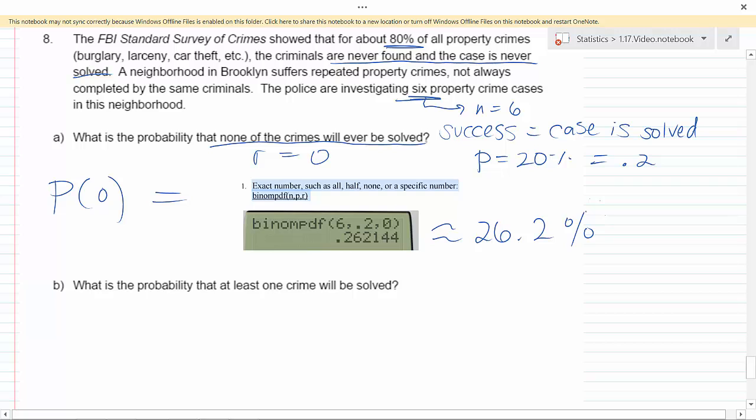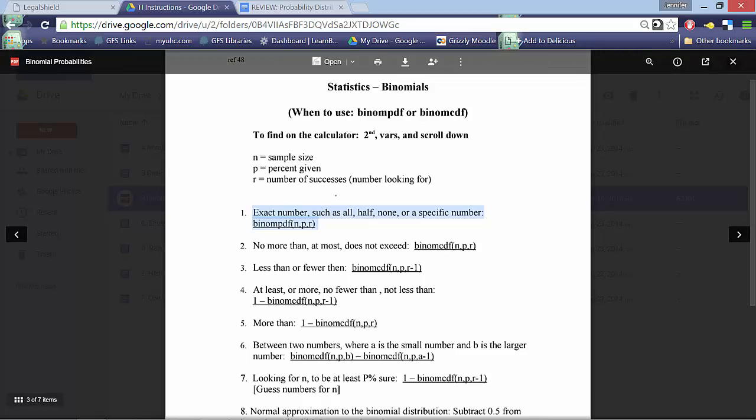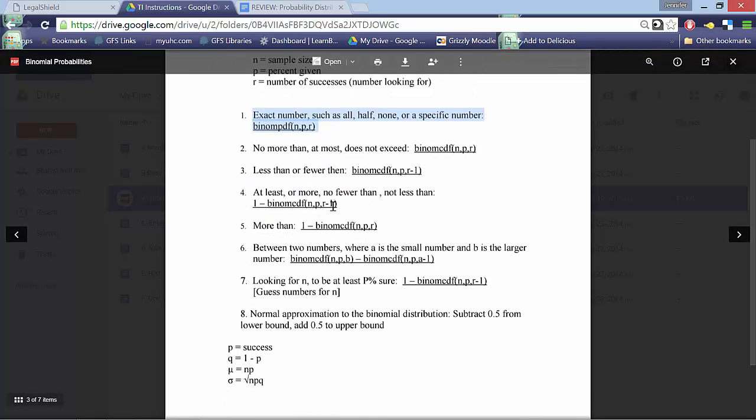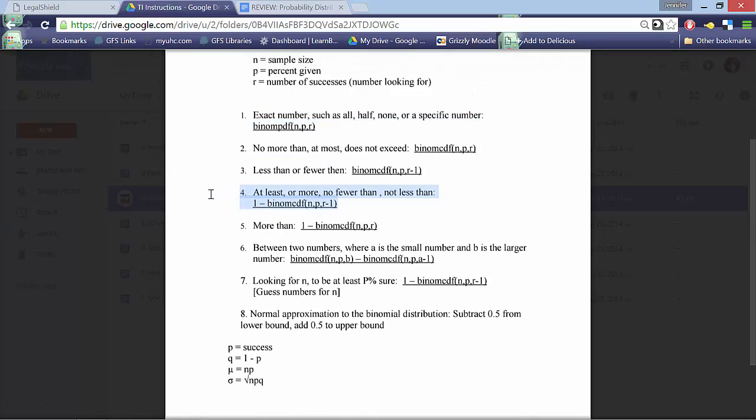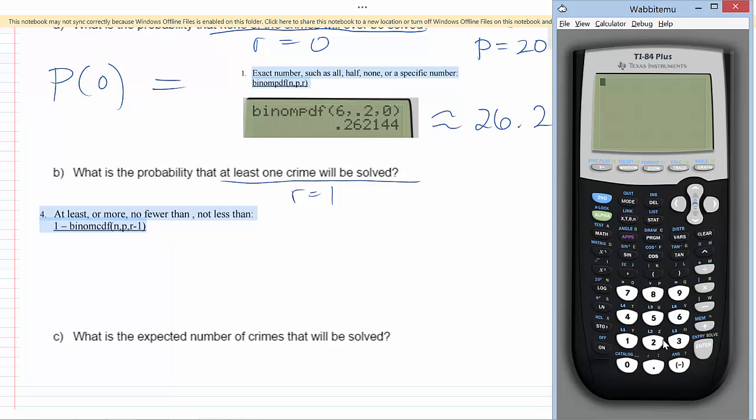Then in Part B, we want to know the probability that at least one crime is solved. So at least one is solved. Let's go back to that sheet and find the right language. Number 4, at least. So in this case, I'm going to be using binomial CDF. I'll go to my calculator and I'll type in 1 minus, and then I'll do second vars.